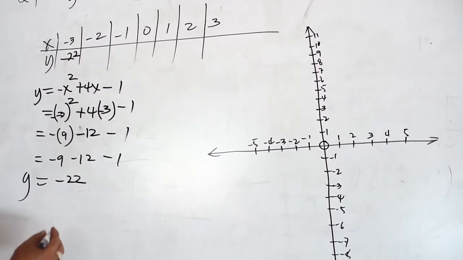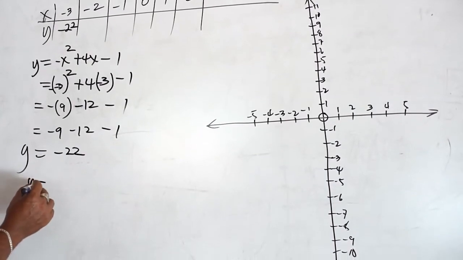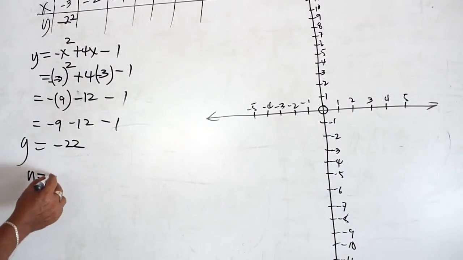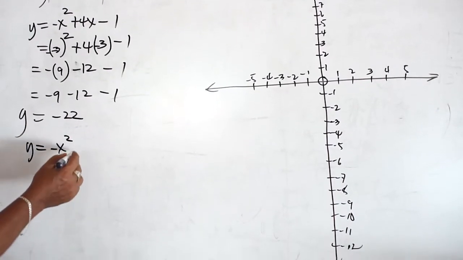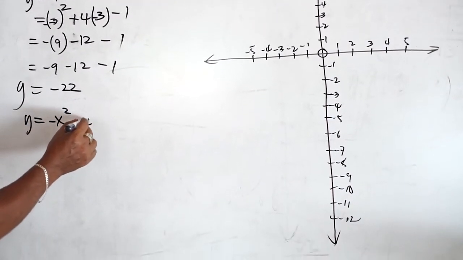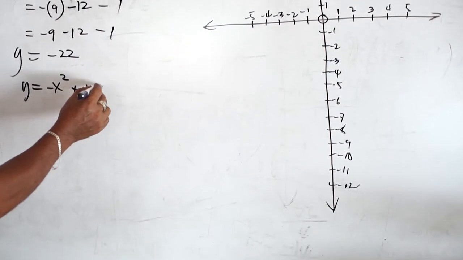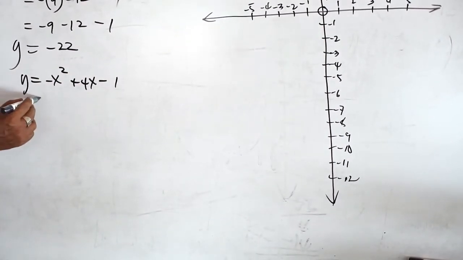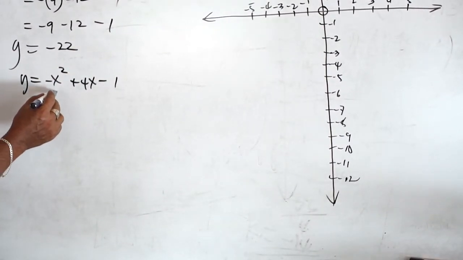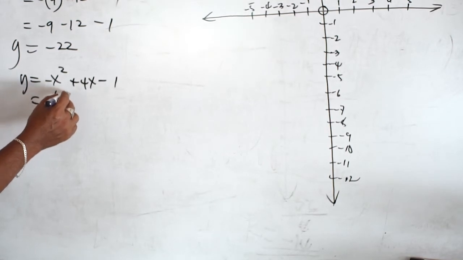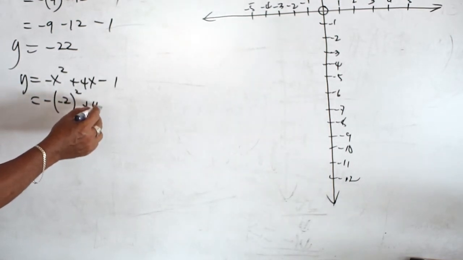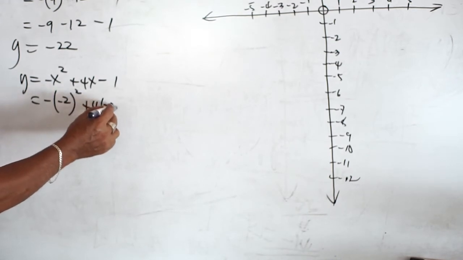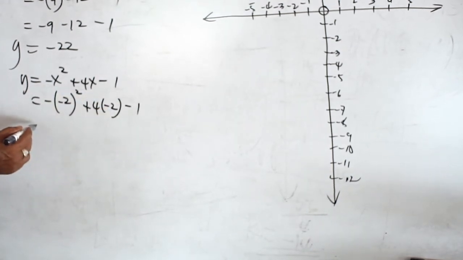Then next, if the value of x is negative 2. So negative x squared, positive 4x, then negative 1. Then substitute: negative, negative 2 squared, then positive 4 multiplied by negative 2, then negative 1. Then simplify.